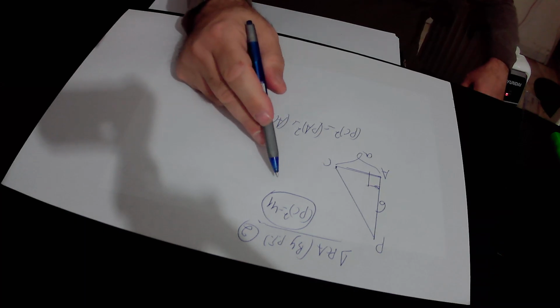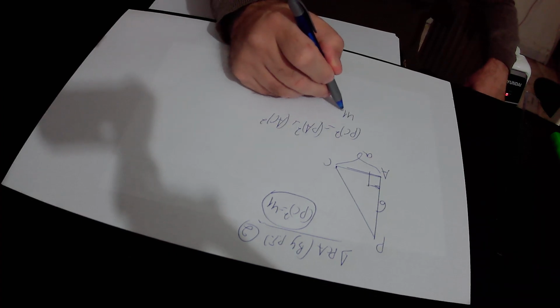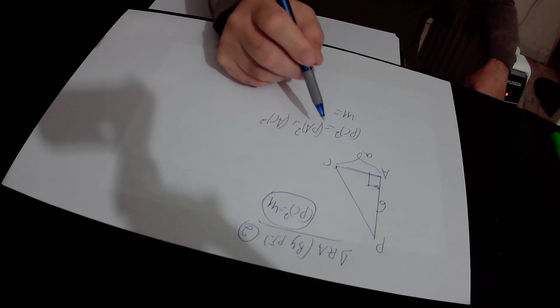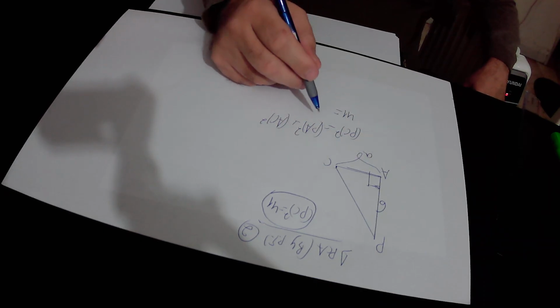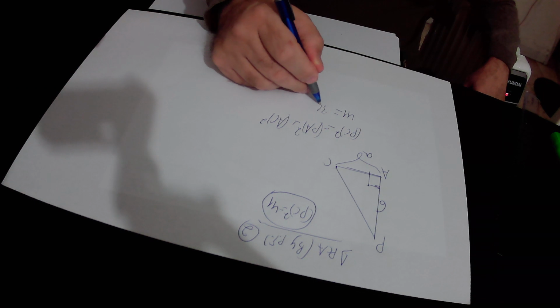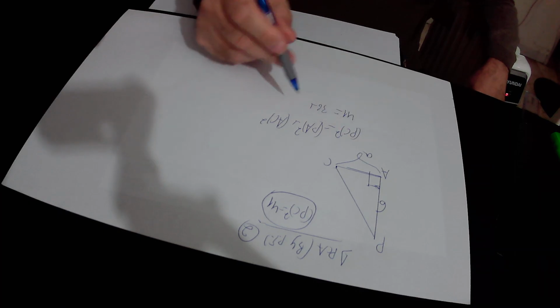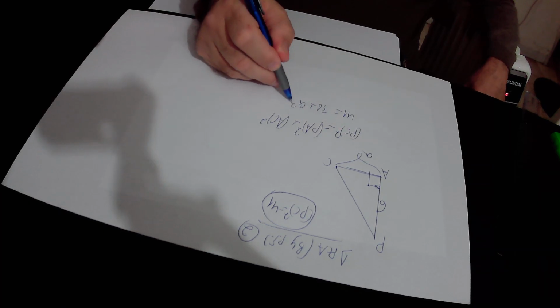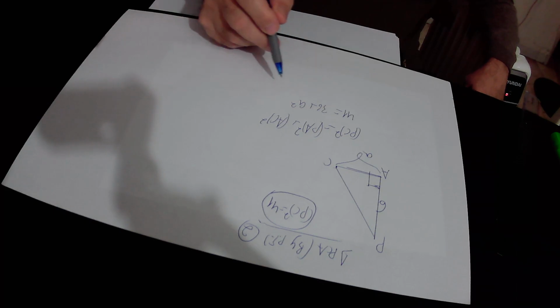We have already found out that PC square equals 41, and it equals PA square. PA is 6, therefore PA square is 6 square, that is 36, plus AC square. AC equals A according to our definition, therefore AC square is A square. So in conclusion, we found that 41 equals 36 plus A square.